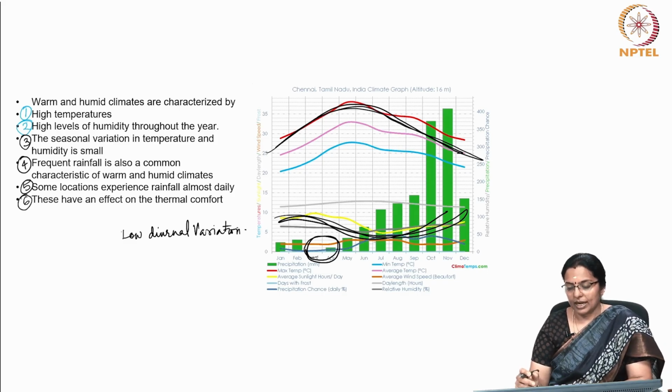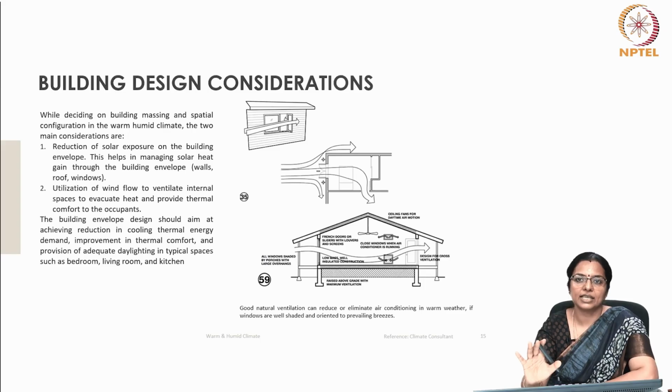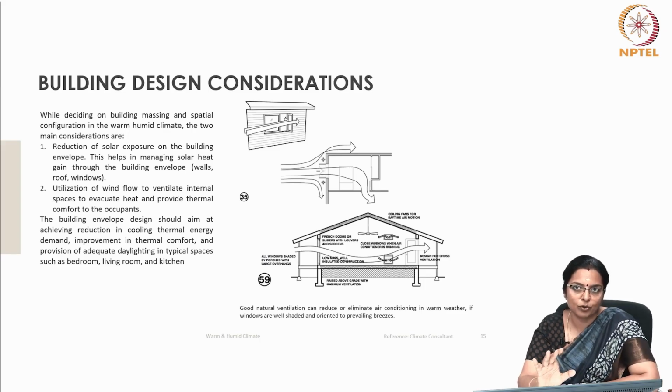Let us quickly look at the broad design considerations that must be followed in this place. Heat loss to the air by convection or conduction is not consequential. Comfort is achievable by encouraging outdoor breezes to pass through the buildings.